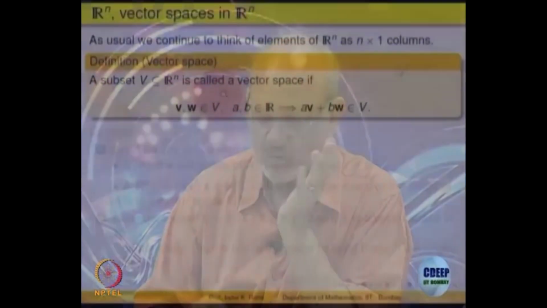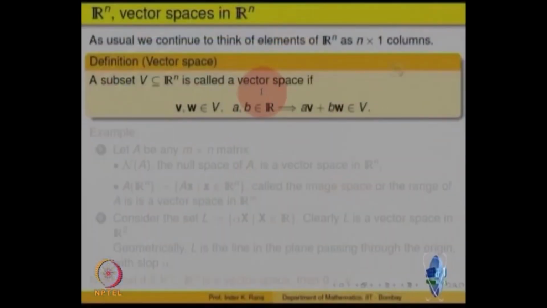We say that a subset V of Rn is called a vector space if it has that property. That is, take any two elements v and w in V, take any two scalars a and b, and take the linear combination av plus bw, that is, multiply v by a, multiply w by b, take the sum, that is called a linear combination, and that should also belong to V, right. So, if the set V has this property, then we say it is a vector space.